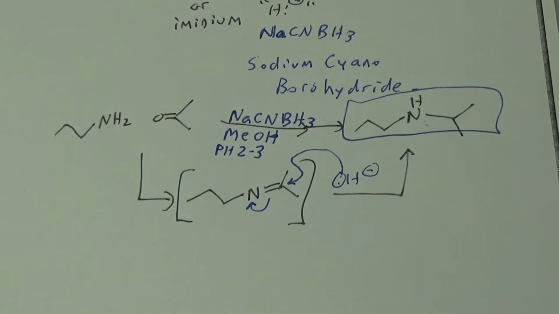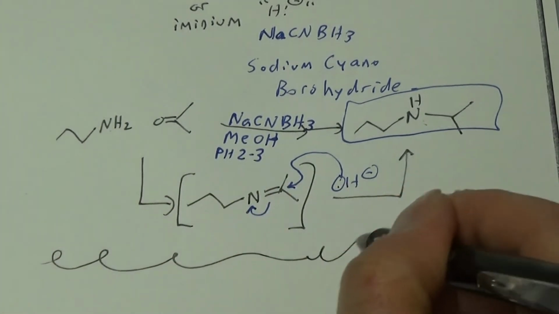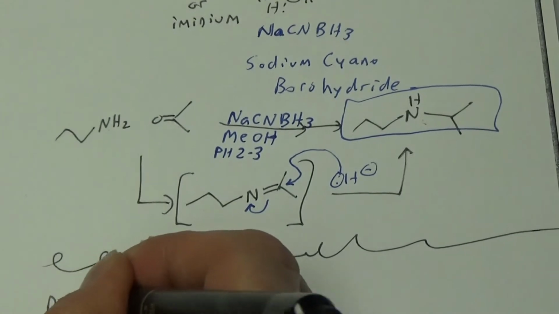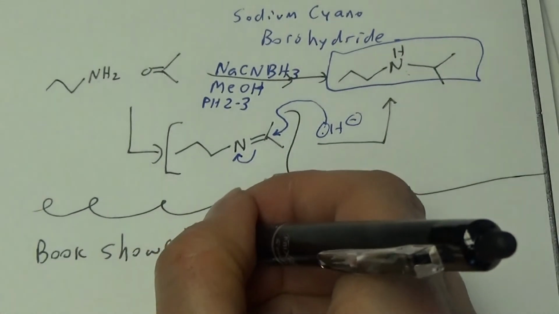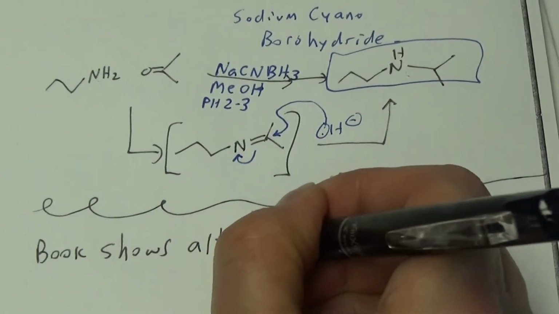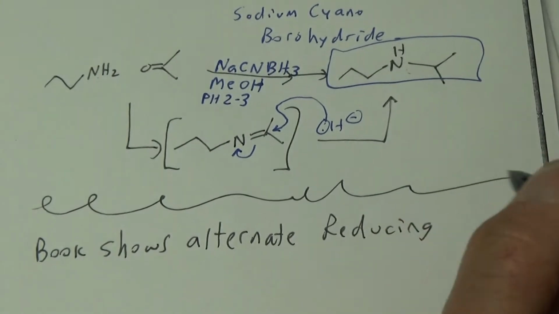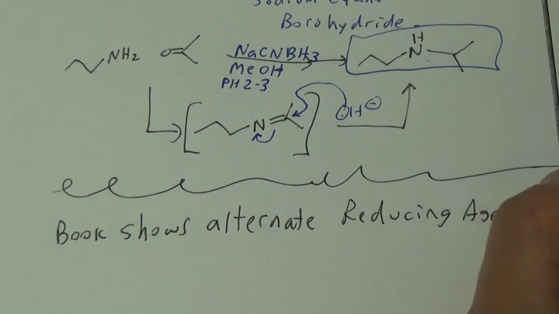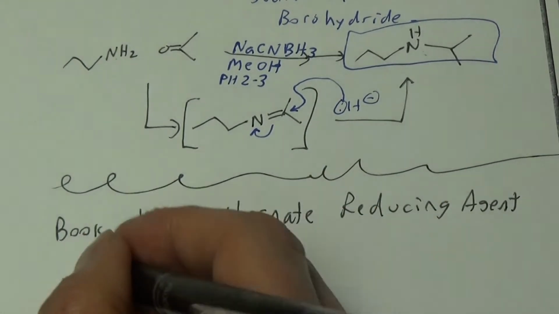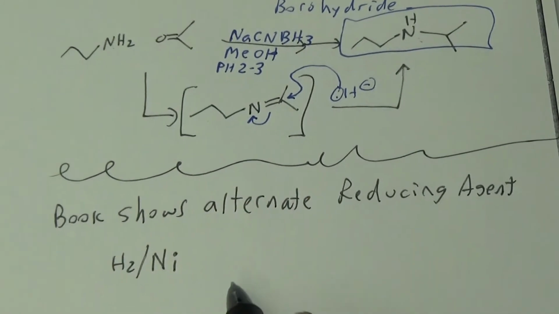Oh, the other thing, and if you're following along in the book, which is a good idea, the book also shows an alternate reducing agent. So just so you don't get confused, the book sometimes shows H2 nickel as the thing that does the reduction.